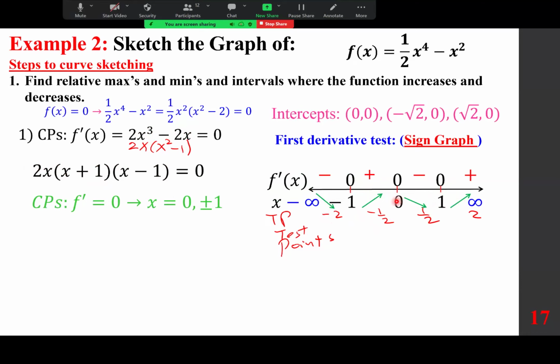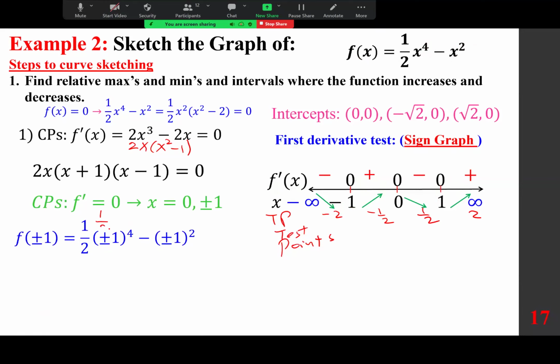The easiest one, of course: if you plug in 0 into the original function, it gives you 0. So (0, 0) is the location of a max. But what about the minimum? You have to put these two numbers into the original function. And both of them result in the same thing because this has an even exponent. Negative or positive to the power of 4 makes no difference. Each one is 1.